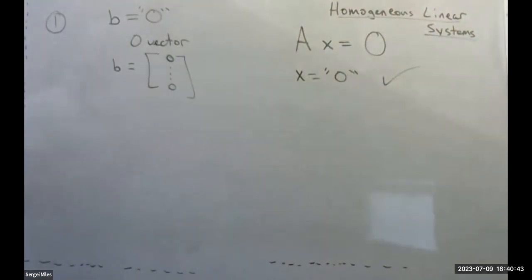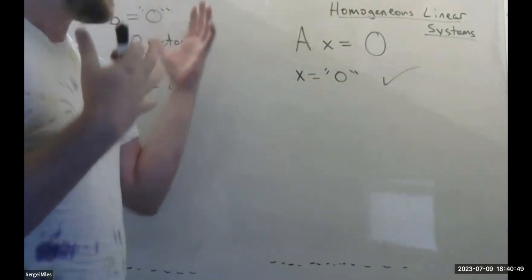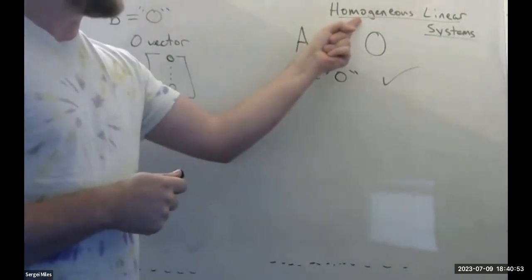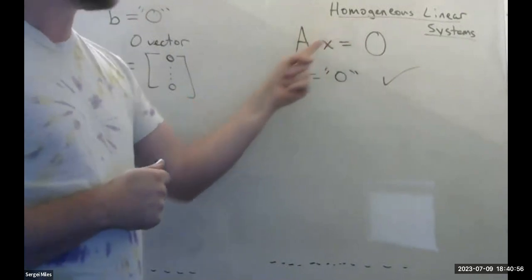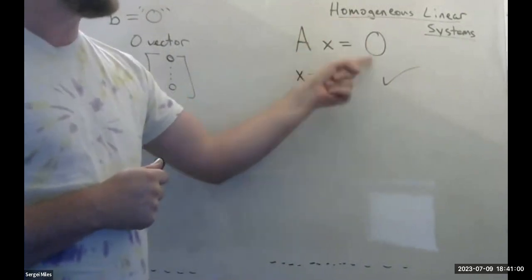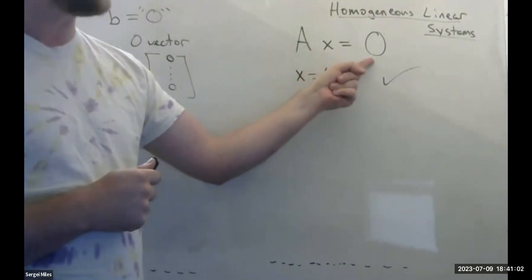Right? These are homogeneous linear systems. What makes it a linear system is just, as we've discussed, any matrix equation like this, right? Homogeneous is going to be the term we're going to use for any matrix equation which is set equal to 0. This is what homogeneous is going to mean here in this setting.